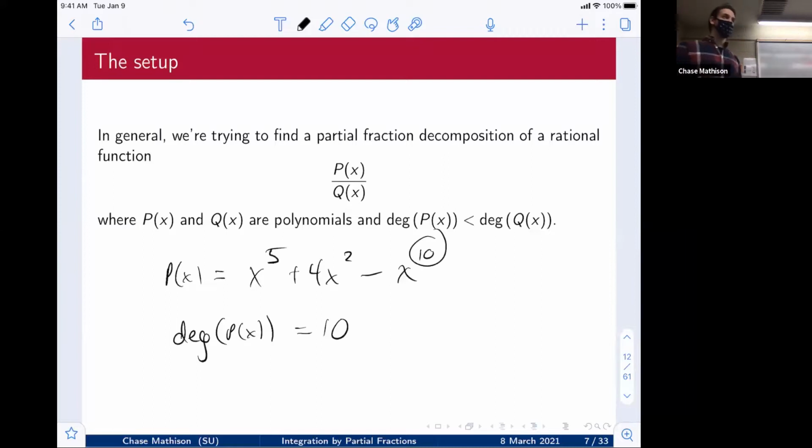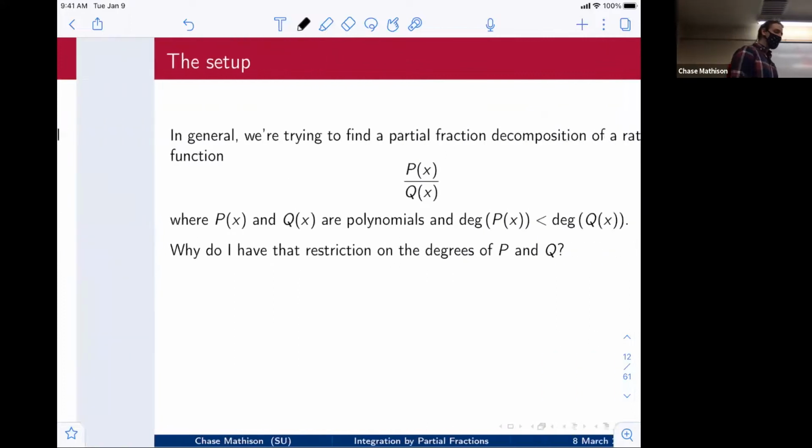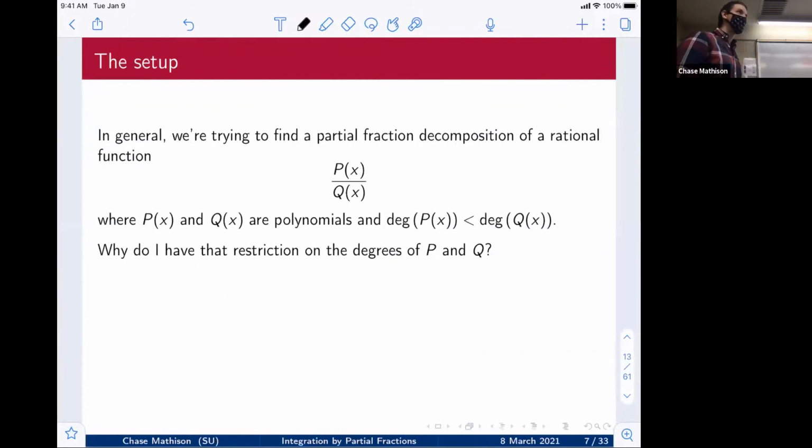So we're going to be focusing on rational functions where the degree of the top is smaller than the degree of the bottom. That's actually a very important thing to remember. You're going to get a problem where that's not satisfied and you do a bunch of work and it was worthless, because you need to first make sure the degree of the top is smaller than the degree of the bottom.